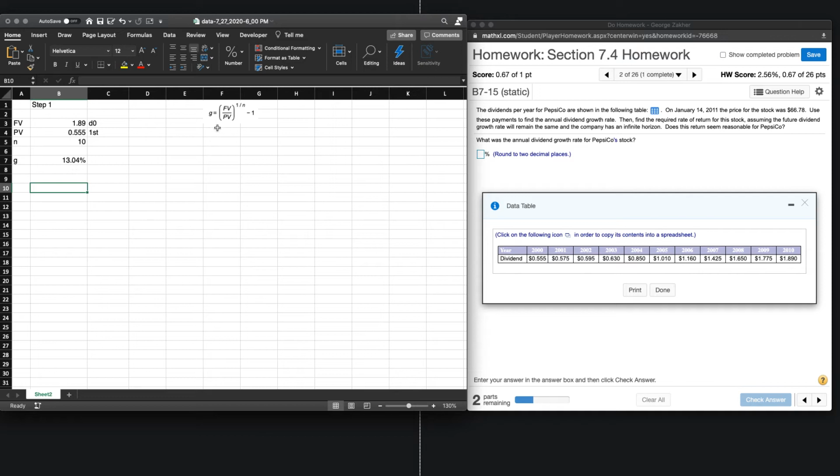Now let's take a look at the formula that we could use mathematically. So we'll break it down. First is going to be our future value divided by our present value. Okay, so that's what we have in the bracket here. Now we need to raise it to the power of 1 divided by n.